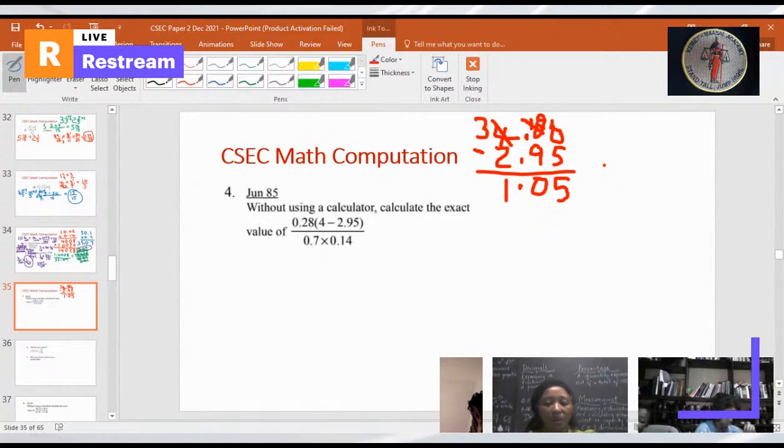So since we're dealing with decimals and you're not to use a calculator, I would advise you to do what I advised Ration to do, Amari, and work it as a fraction. So we're going to have the 0.28 times 1.05. How would we write 0.28 as a fraction?